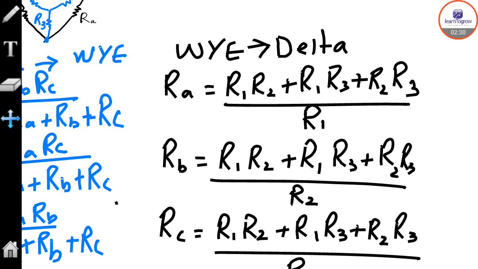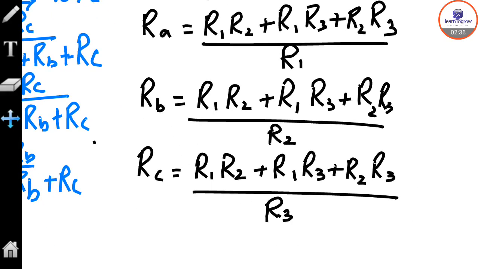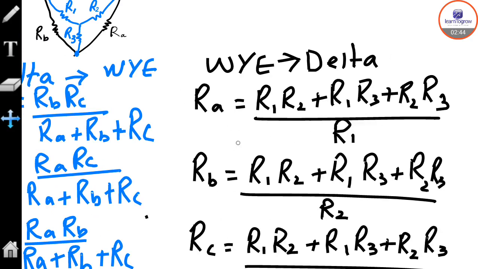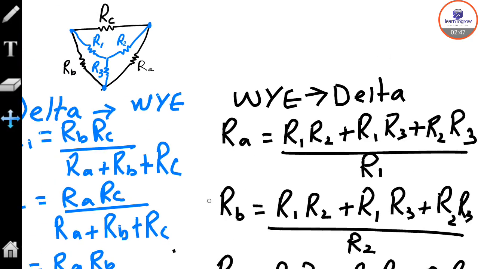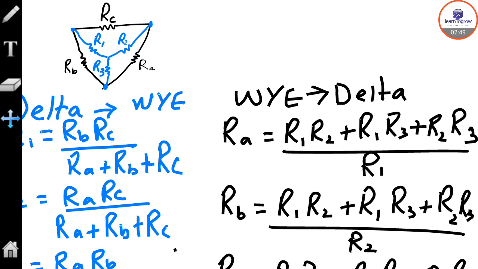Here, the numerator will remain the same throughout the formula, but the denominator will change according to the resistor. For RA, it will be R1, for RB it will be R2, and for RC it will be R3. So this is simple. It is simple to solve wye-delta transformation, and let us take an example to clarify it a bit more.